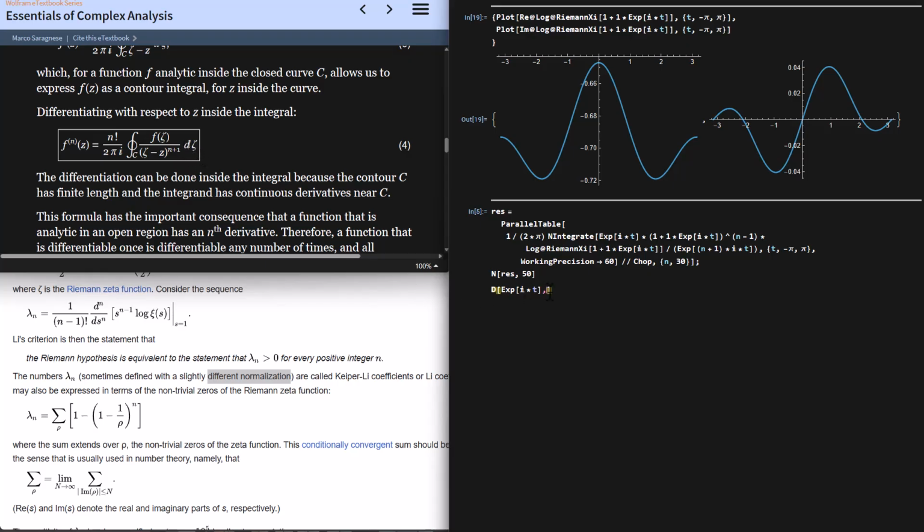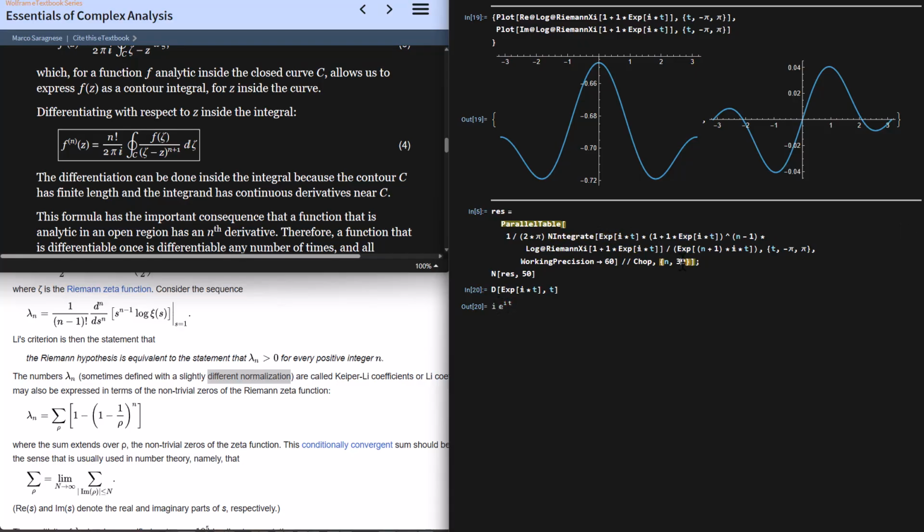And to convert a path integral into a regular integral that we learned in Calculus 1, we have to use the chain rule. And we differentiate exp(it) with respect to t this time. So if you take a look at this, the i here cancels the i here, right? And the e^(it) is actually this term.